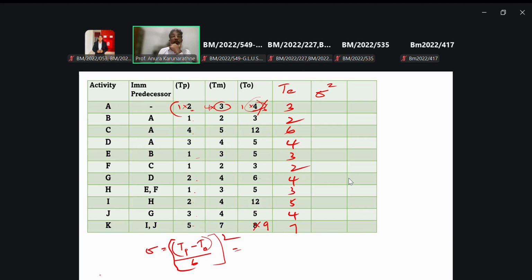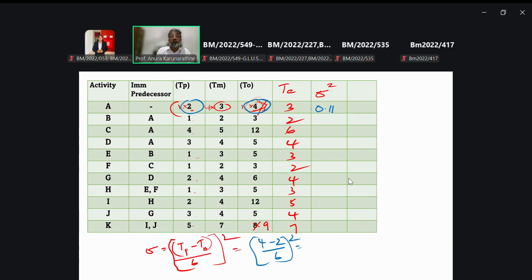Take a different color. 4 minus 2, that is 2. 2 divided by 6, right? 4 minus 2 divided by 6. Take the square of it. So your answer is 2 over 6.